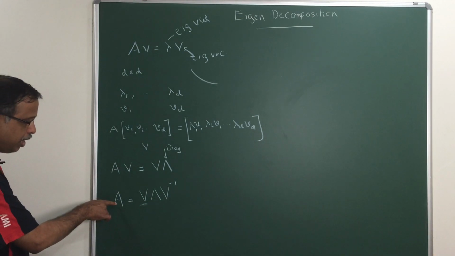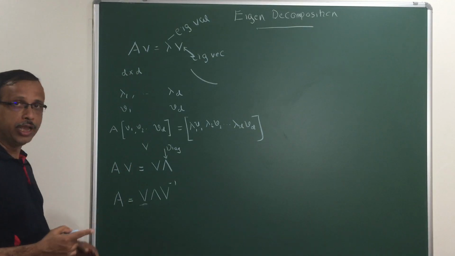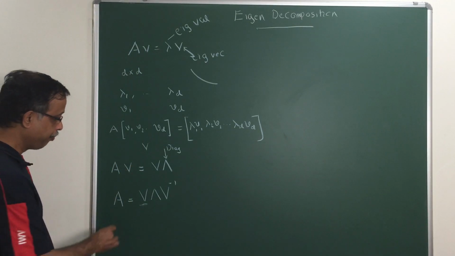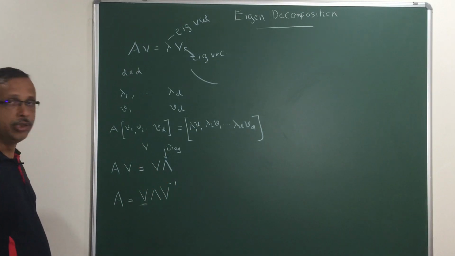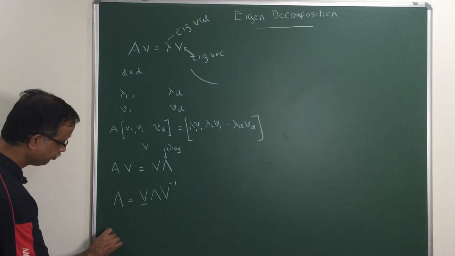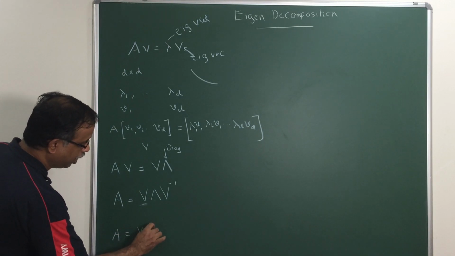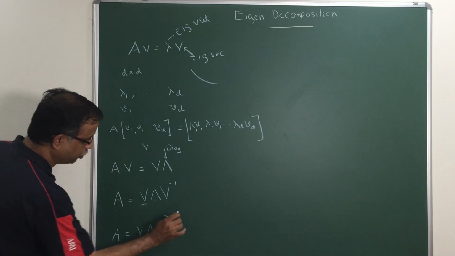In the case when A is real and symmetric, we know that eigenvectors are orthogonal and your V inverse becomes V transpose, or A becomes V lambda V transpose.